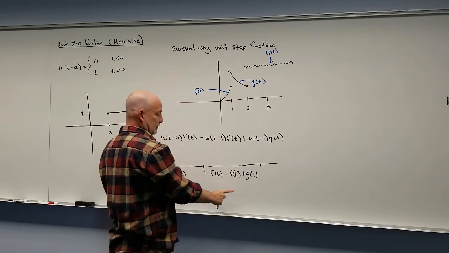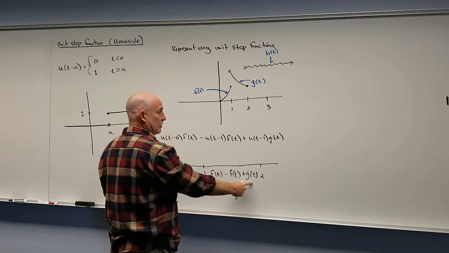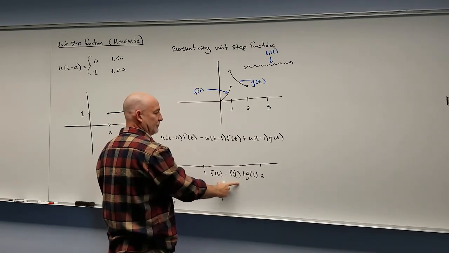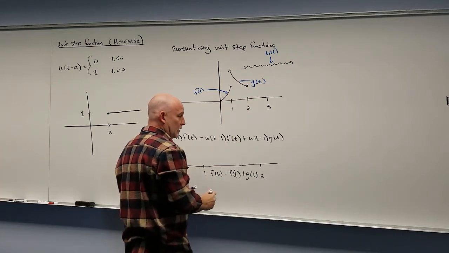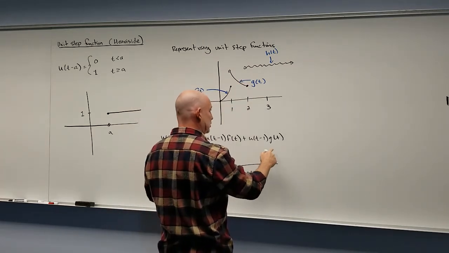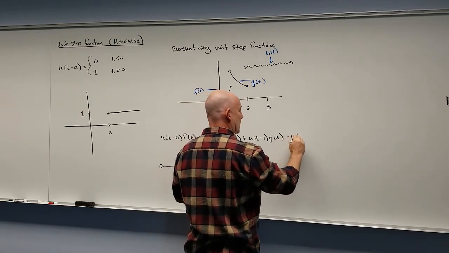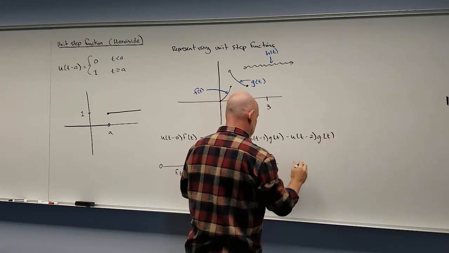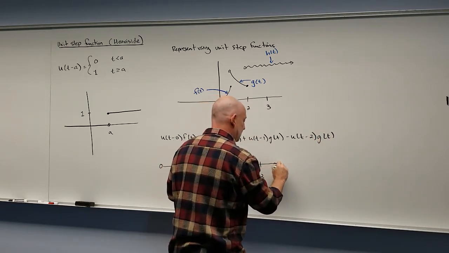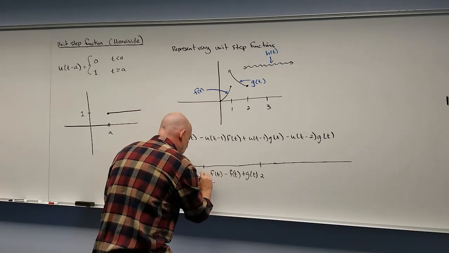Well, when we're carrying on here at 2, the only thing that's happening is really g of t, because we've already canceled out f of t. But I want g of t to go away because I just want h of t on. So at 2, I'm going to say minus, because I want it to go away, u of t minus 2, I want to get rid of g of t. So technically, everything that's happening here at 2, let me just show it so you can see a little better.